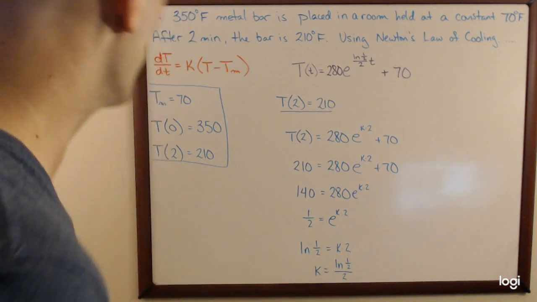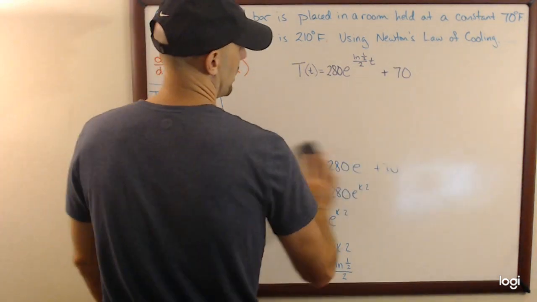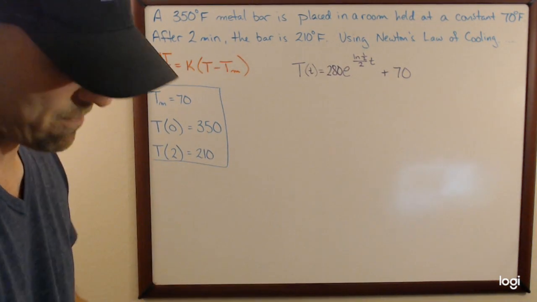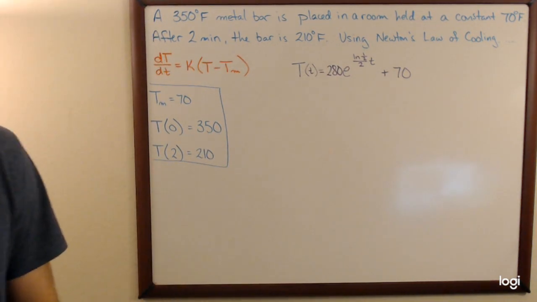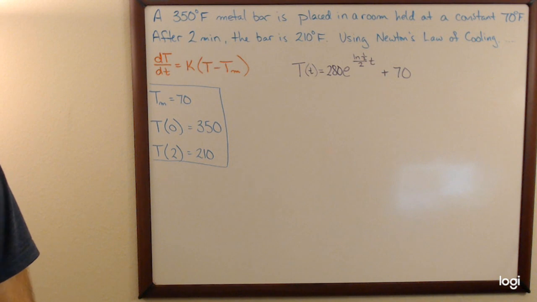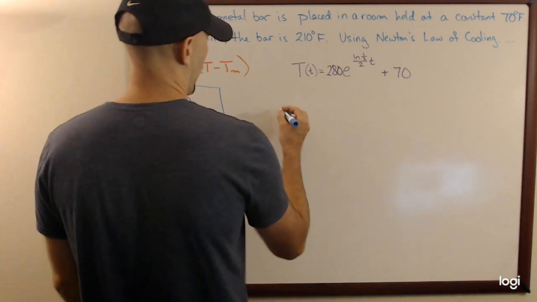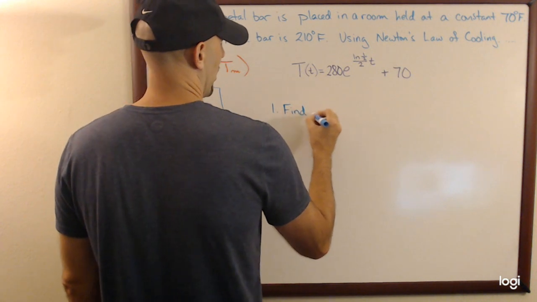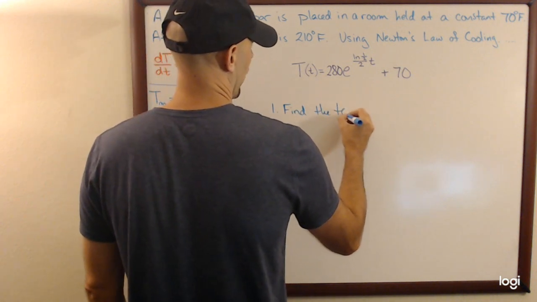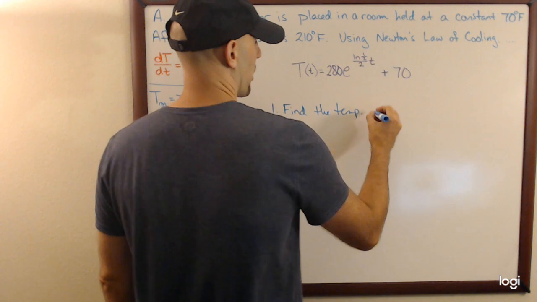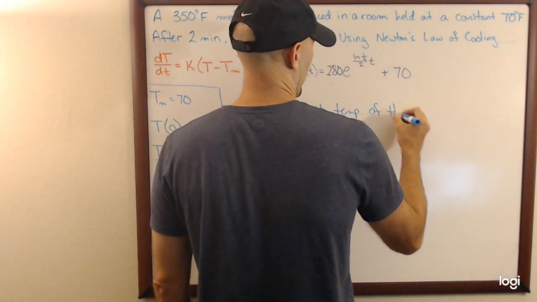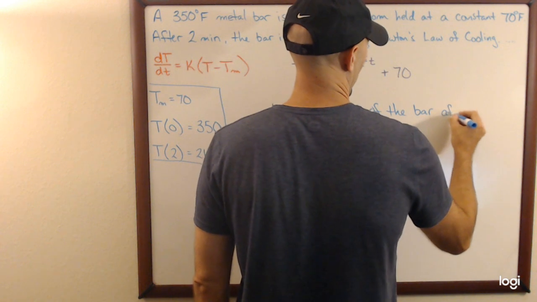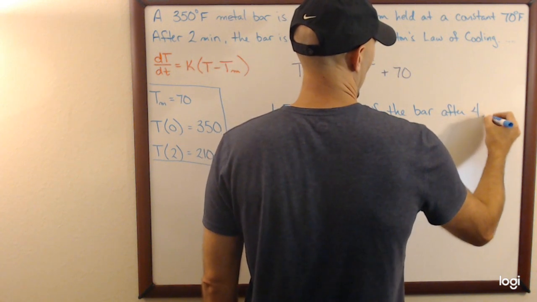And all this work was done for what? Well, this problem continued, right? The next part of the problem says, part 1, find the temperature of the bar after 4 minutes.